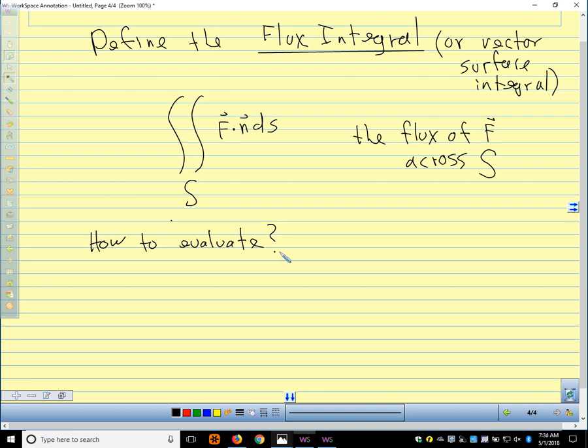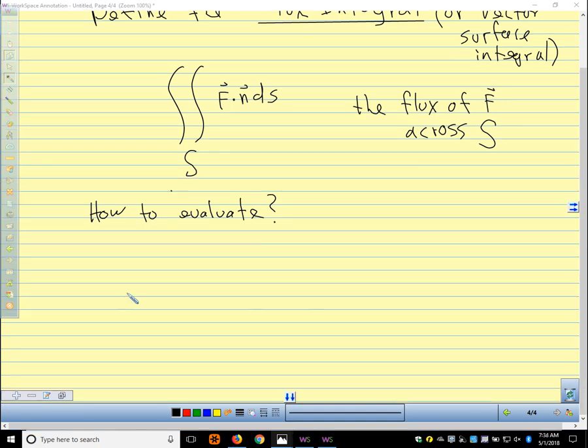All right, is everybody good so far with our idea of a vector surface integral? Sum the normal component times the area over the surface. How to evaluate: if z equals g of x, y, then g of x, y, z, we talked about this before, equals z minus g of x, y.